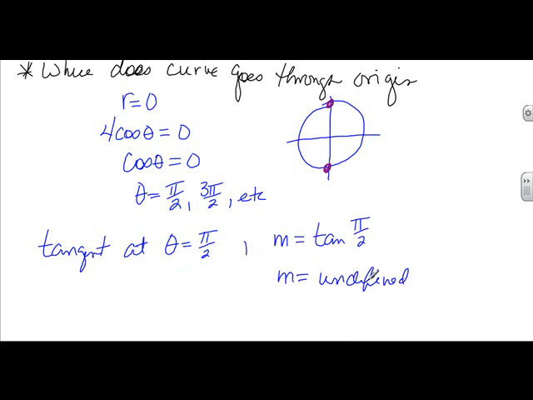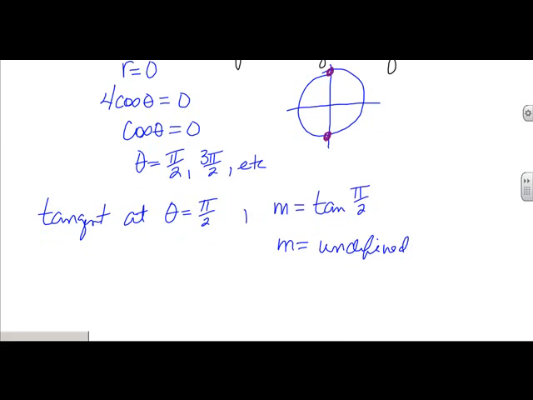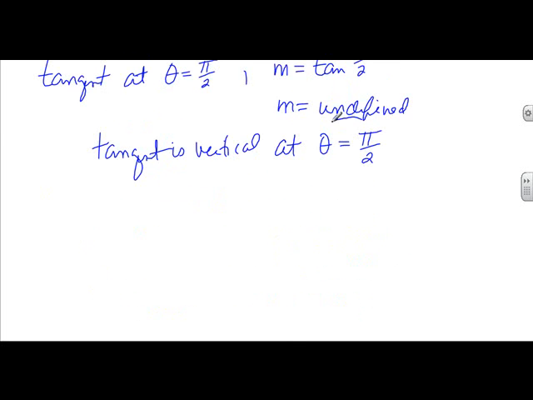Which means the tangent line is vertical at theta equals pi over 2. So this actually is the equation of that tangent line, and it is a vertical line.